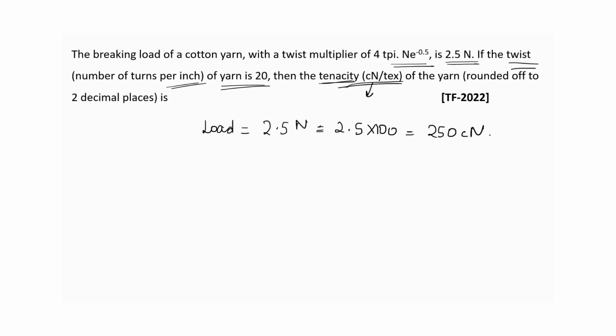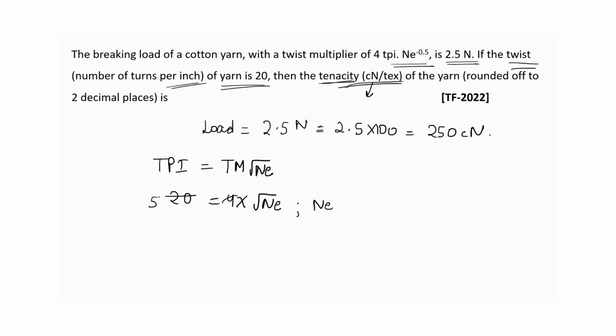You know the formula: TPI is equal to TM into under root NE. TPI is given as 20 and TM is 4 into under root NE. You have to calculate, then it will come out to be 5.